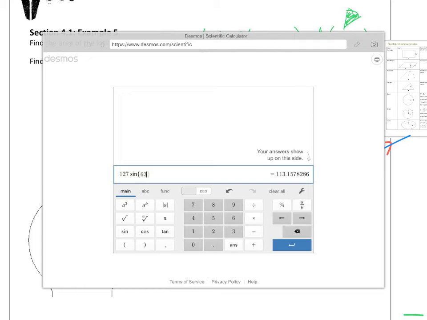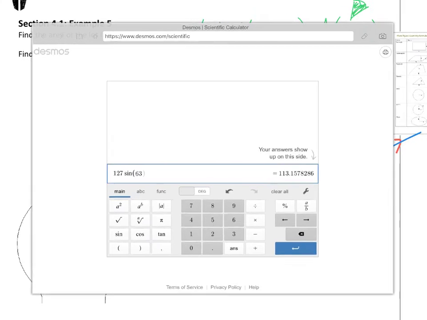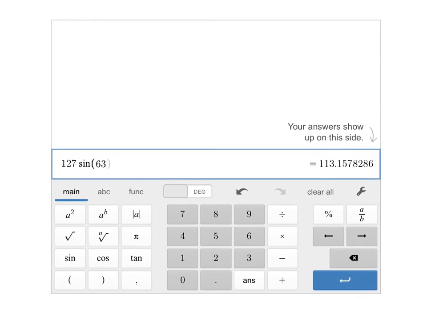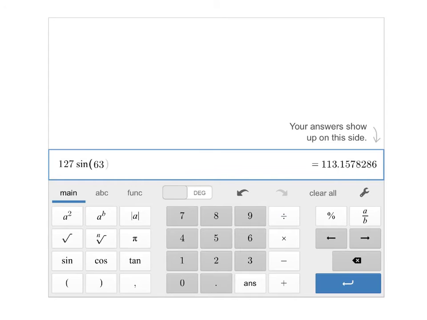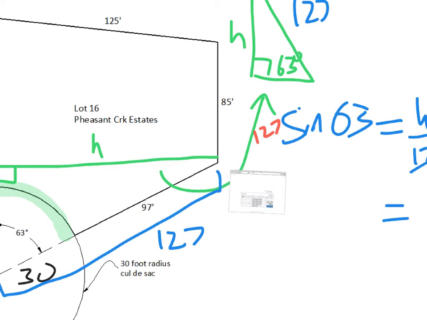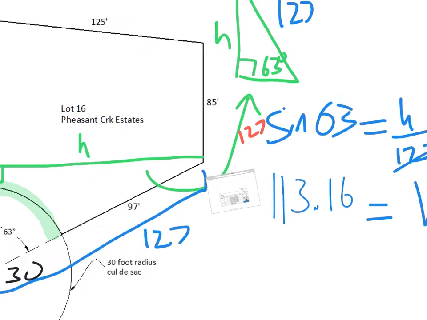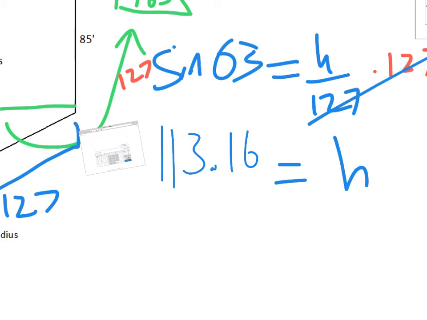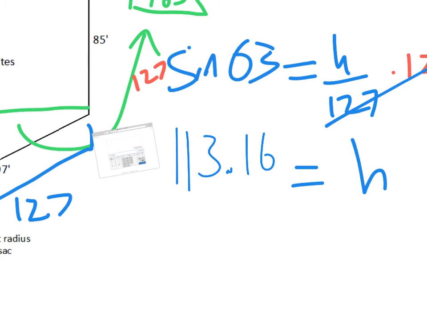So 127 sine of 63 gives 113.16, okay? We'll just tuck that away for right now. And that's going to be H, and that's going to be feet.